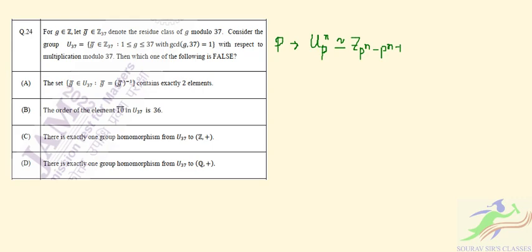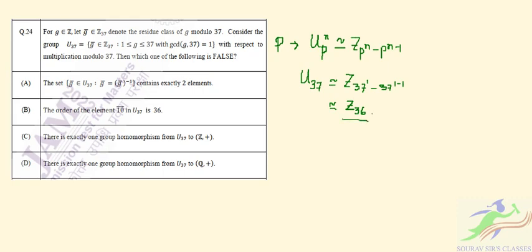So here we have U of 37. It is isomorphic to Z of 37^1 minus 37^0, so it is isomorphic to Z36, right?